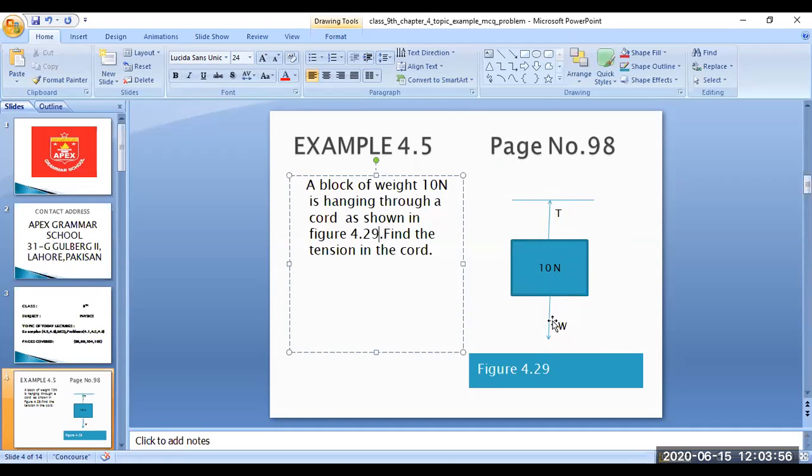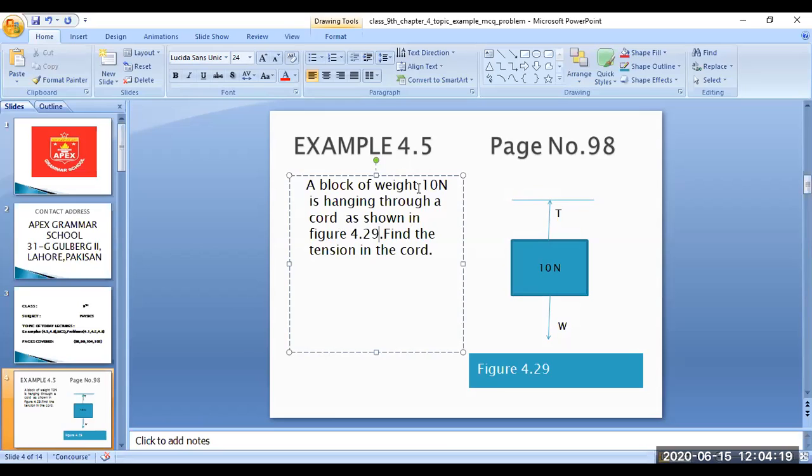So tension of the rope is in upward direction, through which the box is hanging, while the weight W is in downward direction, as we have already discussed in our lectures.